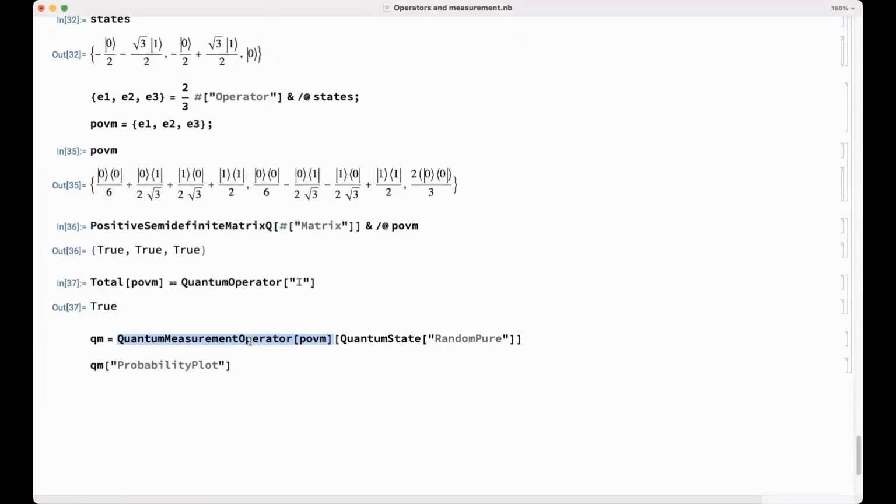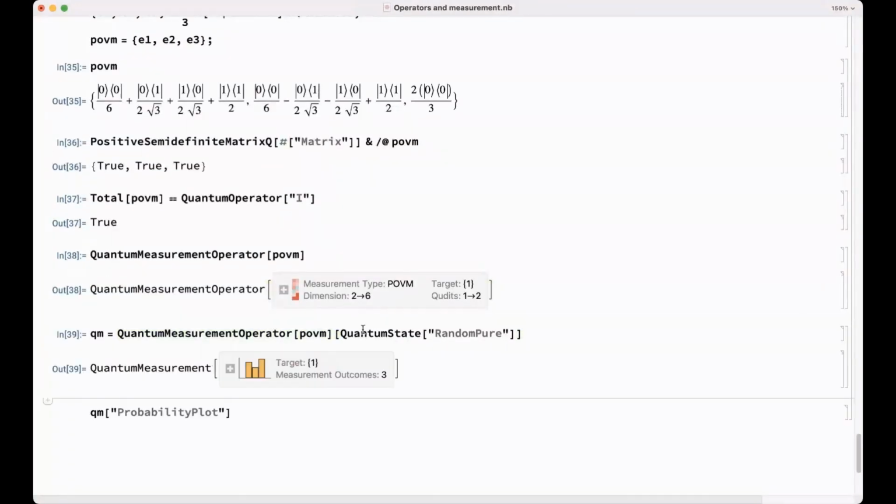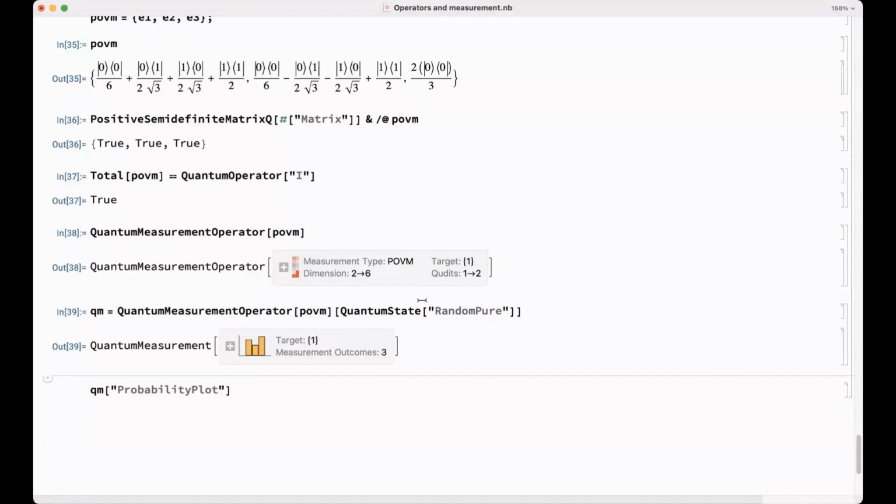So this time you are going to get something different. Look at here. What is interesting, you see here in the summary box, is that it is not a square matrix anymore. It's a rectangular matrix. That's one kind of fingerprint of a POVM.